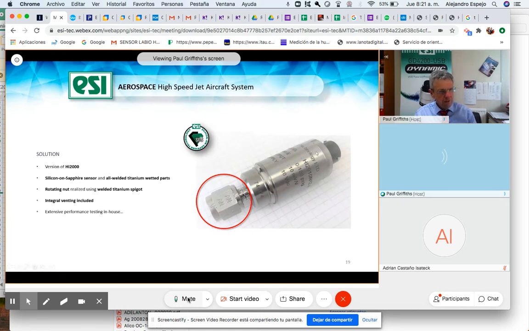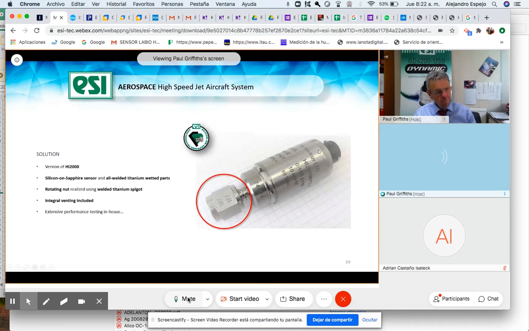And it has little features. Because it's quite low pressure, it's inside an aircraft, so the altitude changes rapidly. So the outside air pressure is always changing. And because it's a gauge reference relative to atmosphere, the housing must be vented.